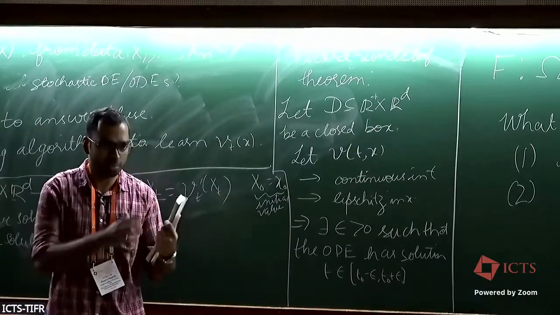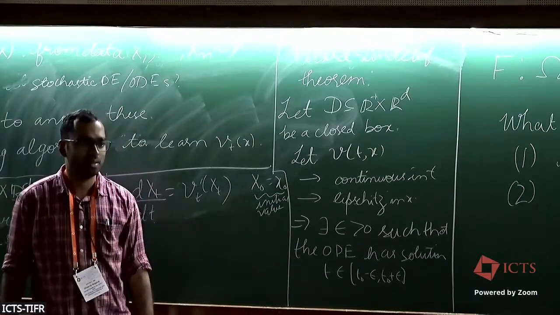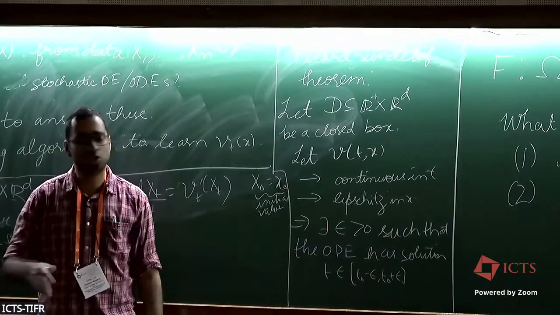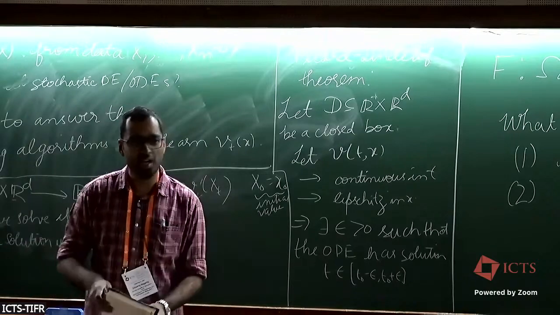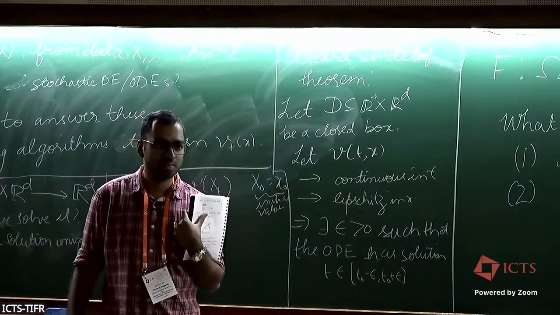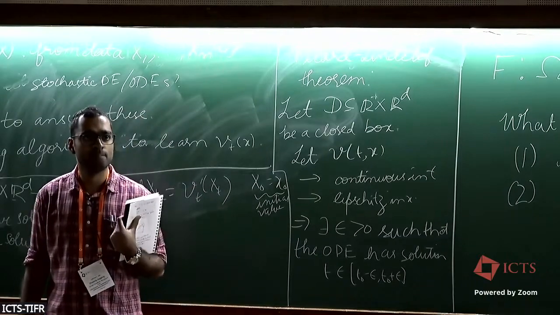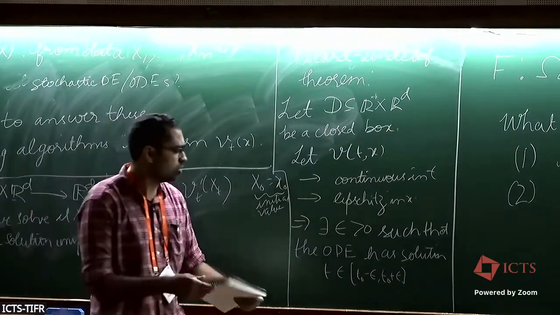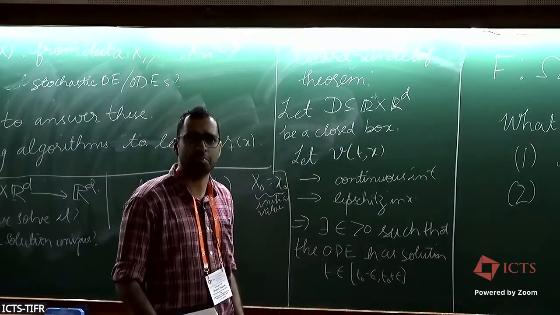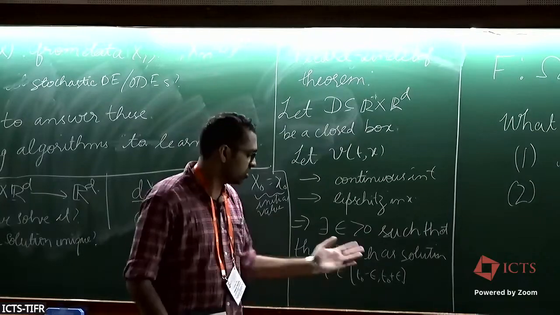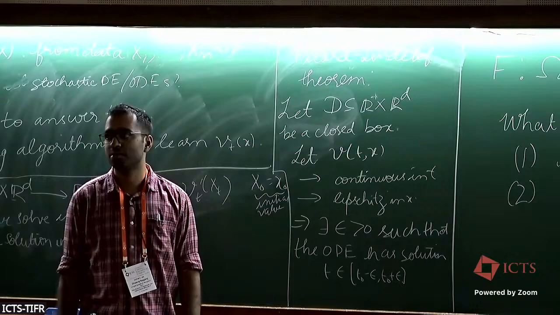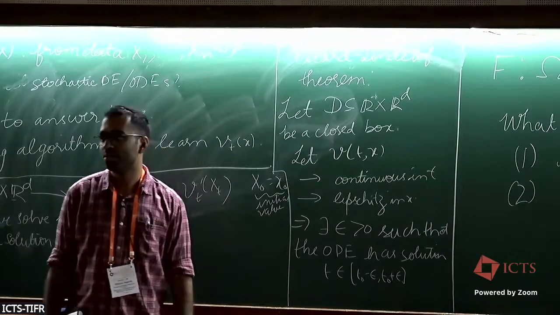A box is bounded. It's locally Lipschitz in any box. I give you any box, and I'll tell you it's Lipschitz in that box. Sure, it's continuous. Let's say it's not even dependent on time. Why can't you solve it until time infinity?